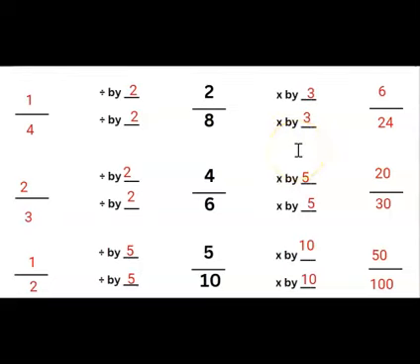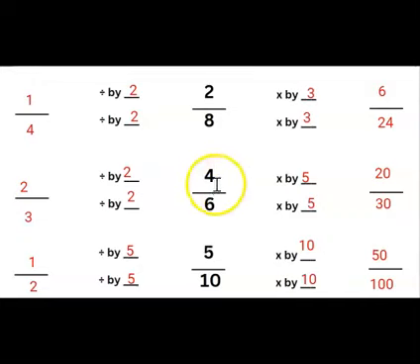I decided I wanted to do something different than 2 on the multiply by side, so I did 3. 2 times 3 is 6, 8 times 3 is 24, so this is also an equivalent fraction to 2/8. Again, if you put a different number here that wasn't a 3, but you still multiplied 2 and 8 by the same number to get an equivalent fraction, that is still correct.